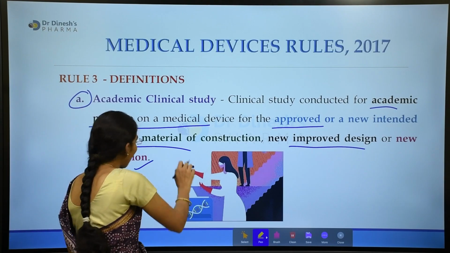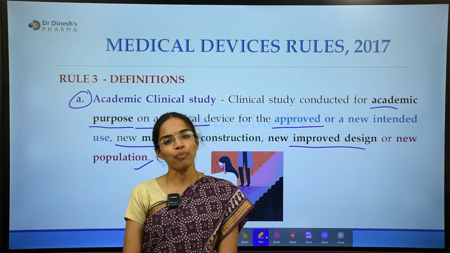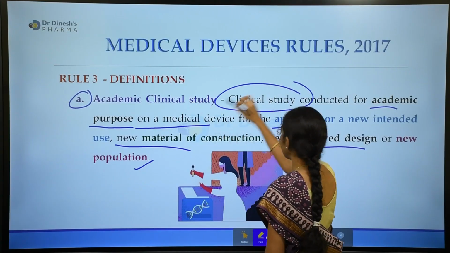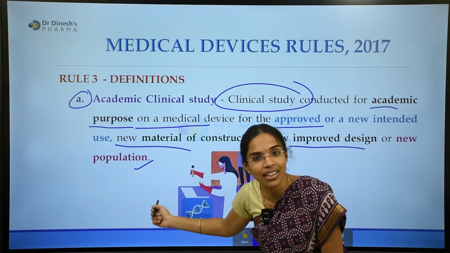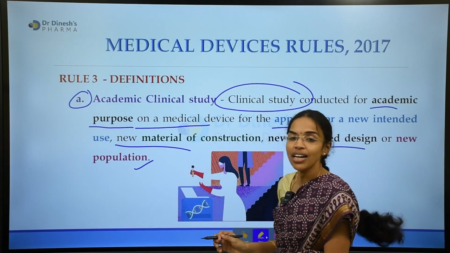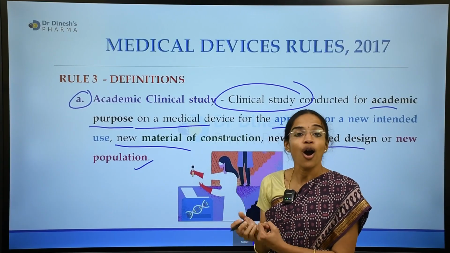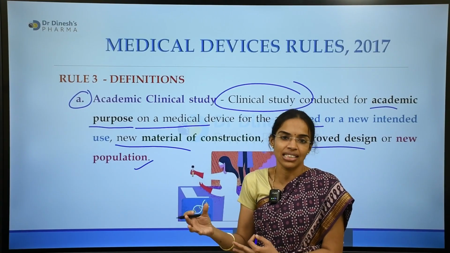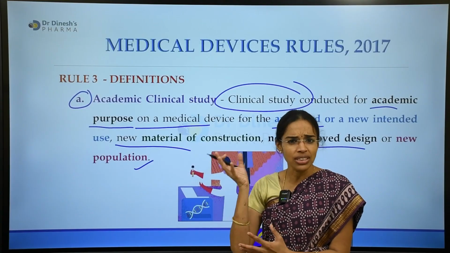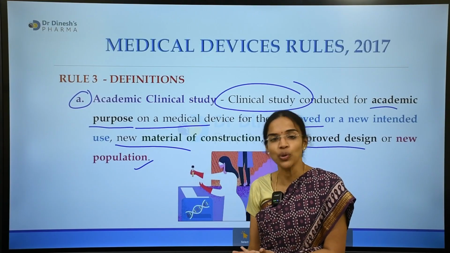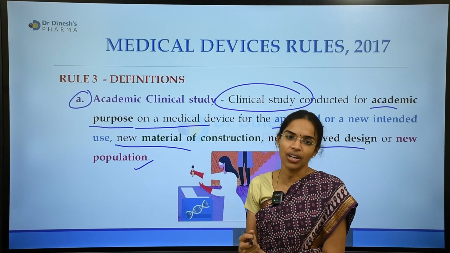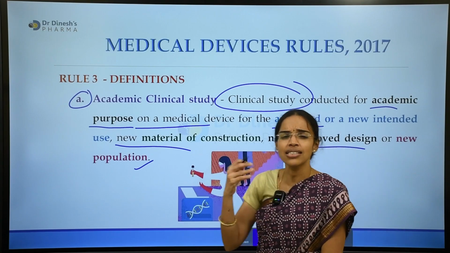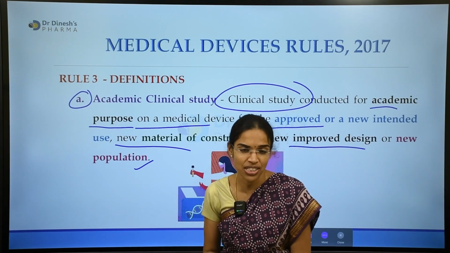Or it has to be tested in a new range of population. In these conditions, whatever clinical study has to be conducted for a new use, a new material of construction or an improved design, for example whether it was non-invasive earlier and is converted to invasive later, or it is tried in a new group of population.